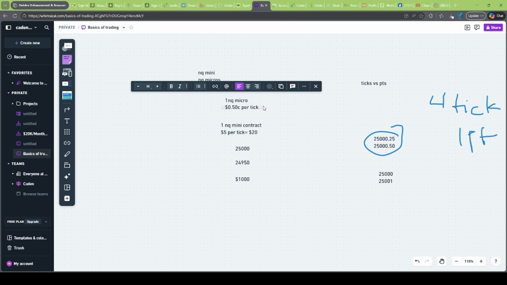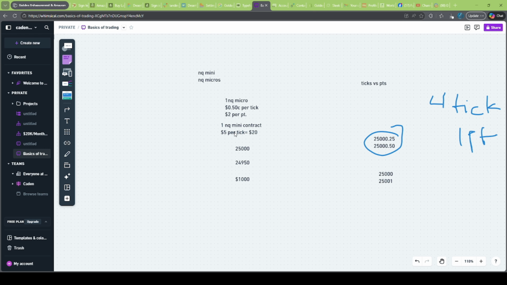Or in 1 point, that would be $2. So four ticks equal a point. 1 point on a micro would be equal to $2. So now, do we understand the difference between the sizing of a mini contract and a micro contract?